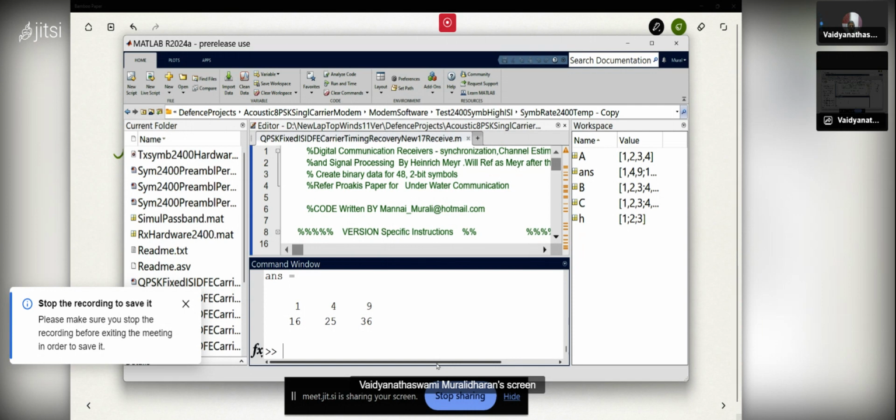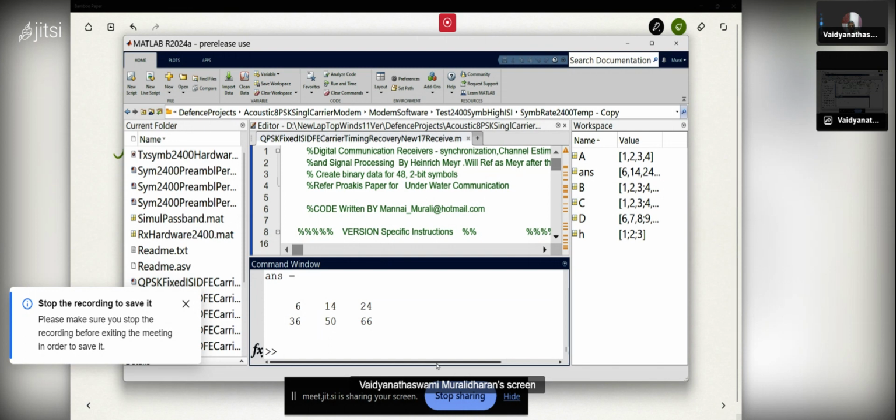For example, we can have another D equal to 6, 7, 8, 9, 10, 11. We can have C dot star D. C dot star D is 6, 14, 24, 36, 50, 66.